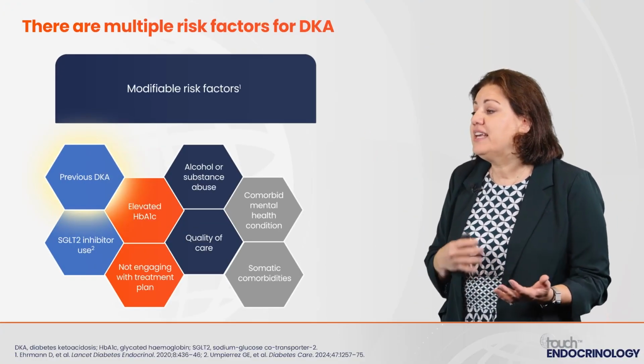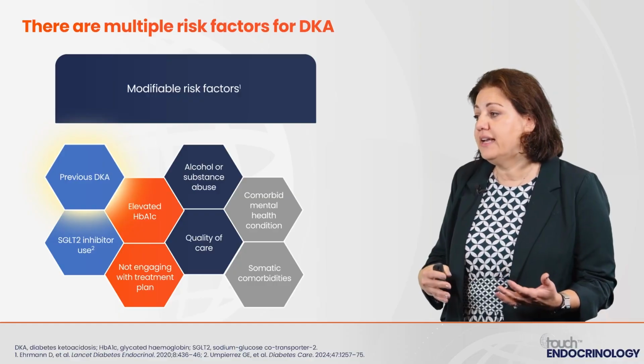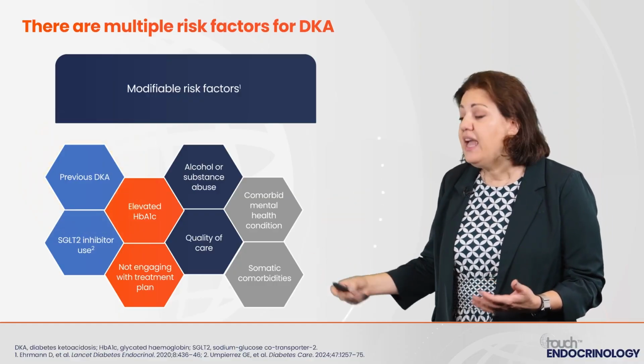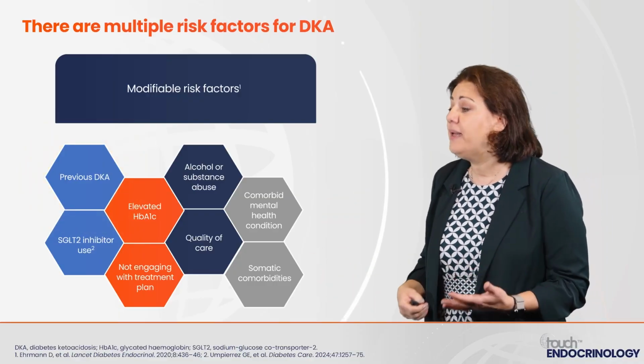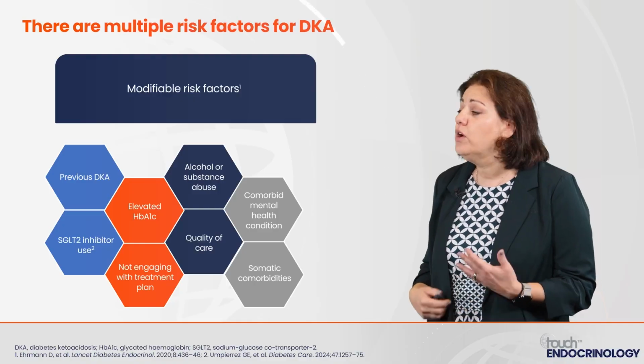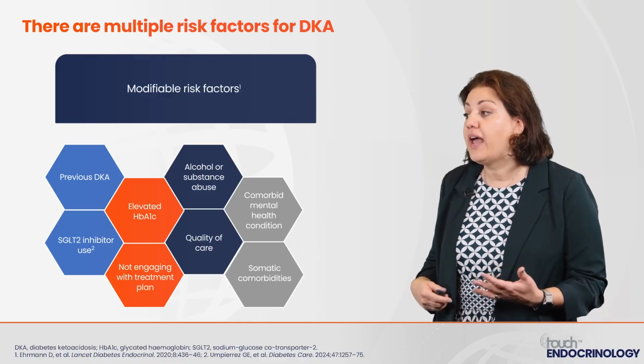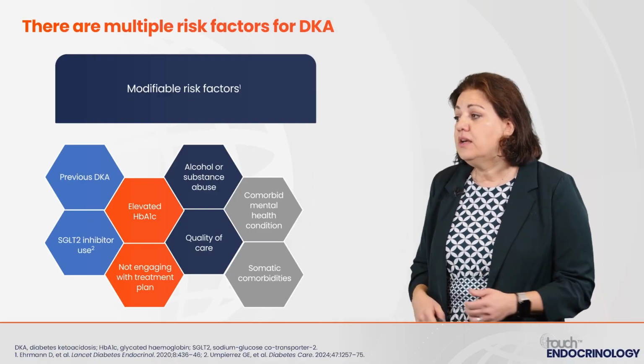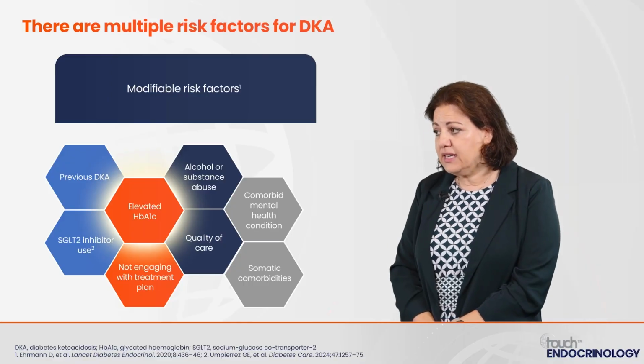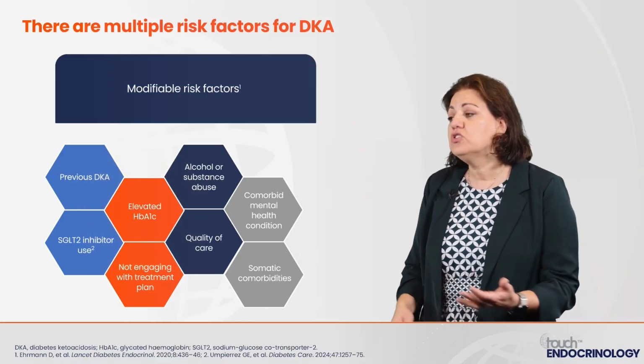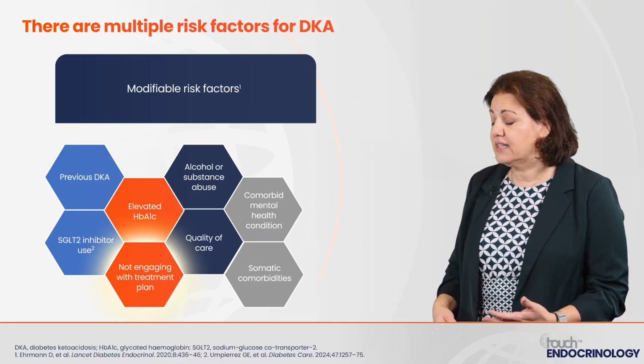Obviously, somebody with a prior history of DKA is going to be at increased risk. And those are the individuals that when they come in with an instance of DKA, we're going to want to problem solve and try and figure out how to avoid this in the future. Someone with an elevated A1C likely indicates that they're struggling with engagement with insulin therapy.